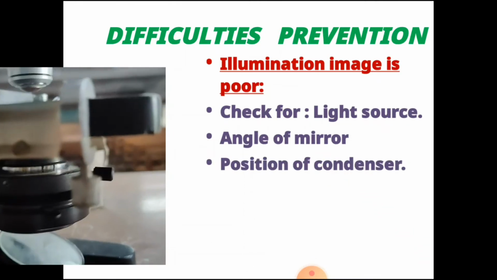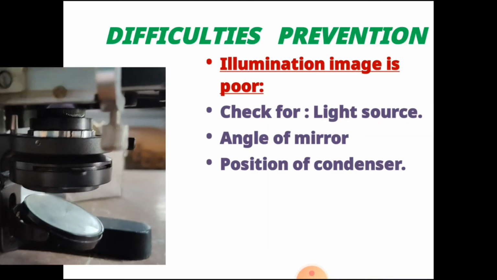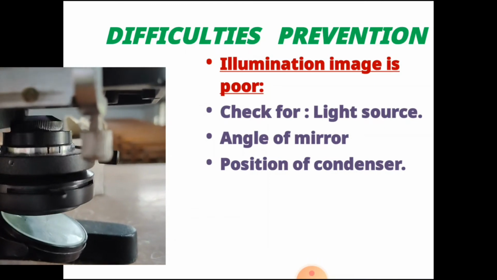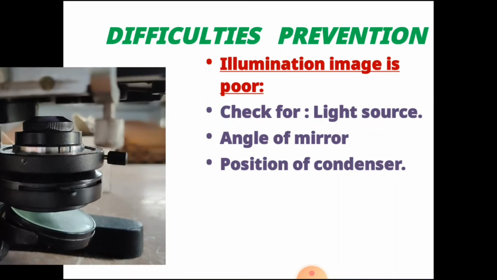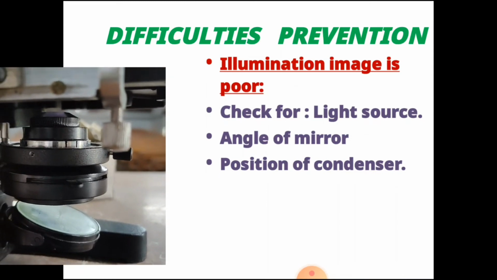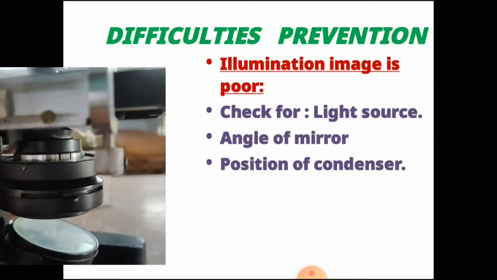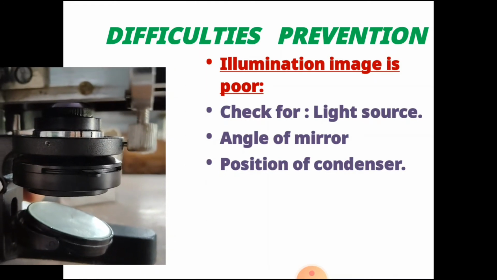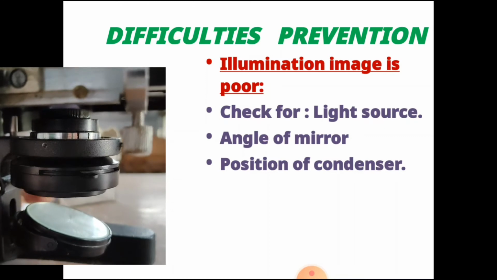Position of the condenser: the condenser remains in the lowest position in case of low power objective, mid position in case of high power objective, and highest position in case of oil immersion objective.